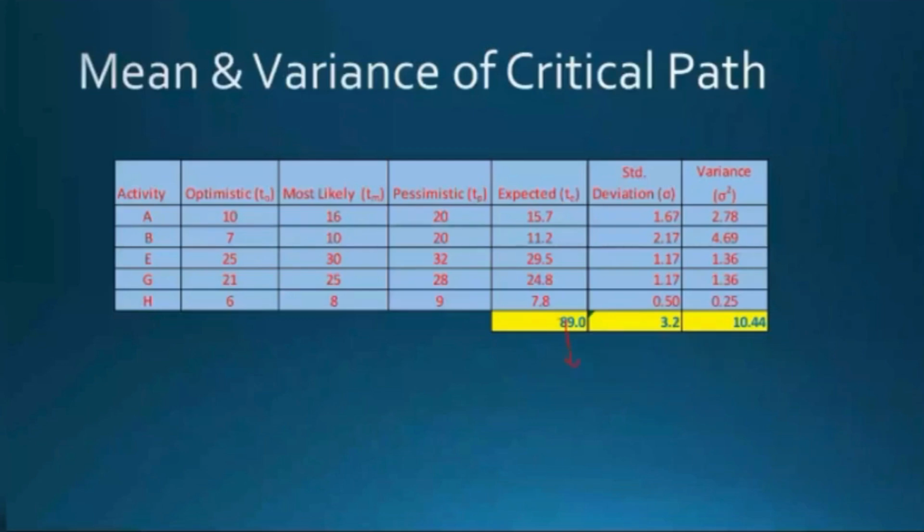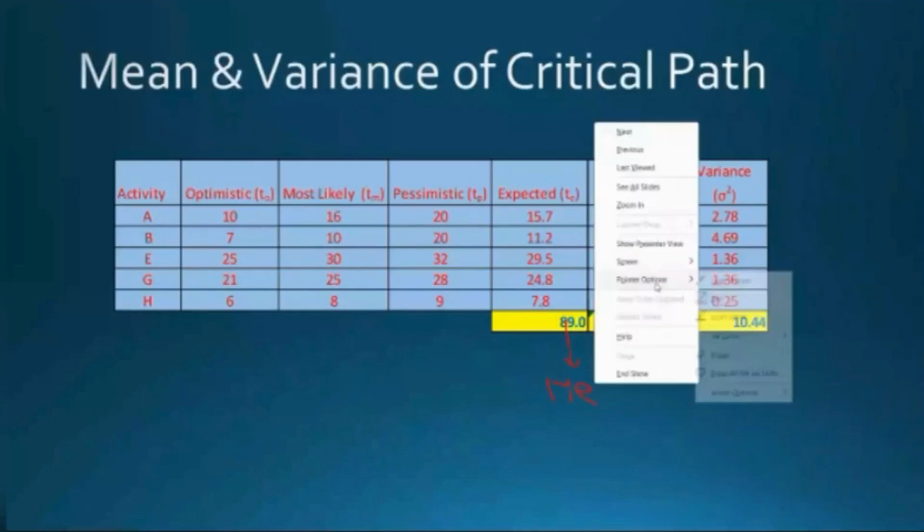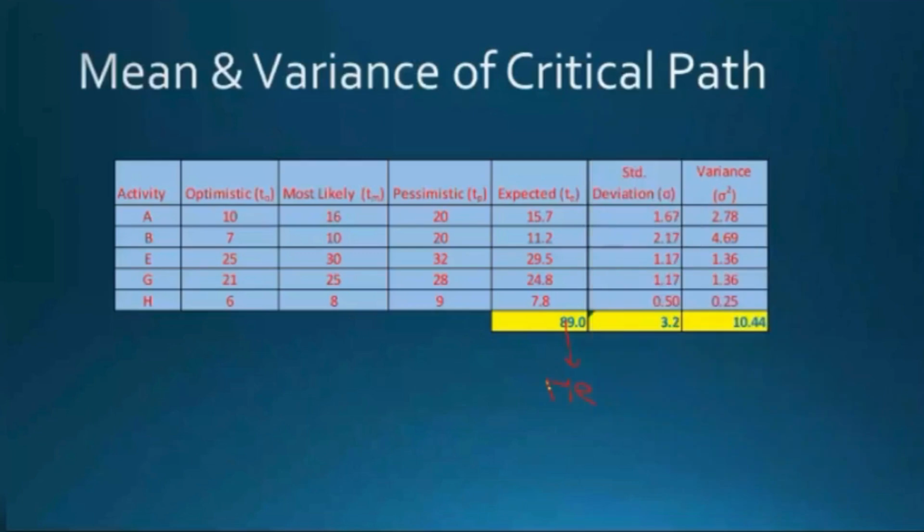So the mean duration of the project, or critical path, or sum, is what we call the mean of the project.